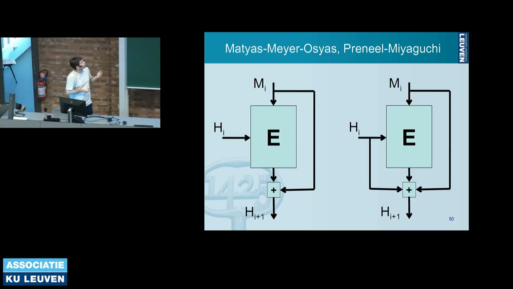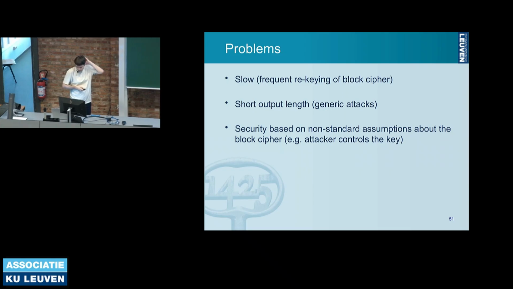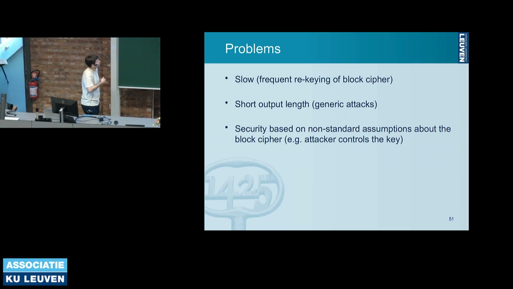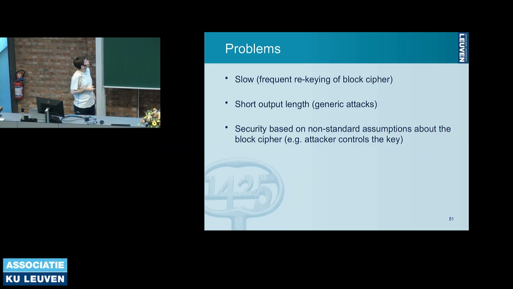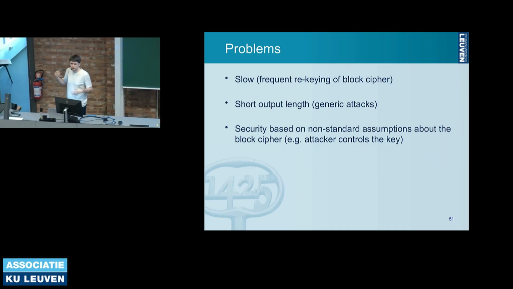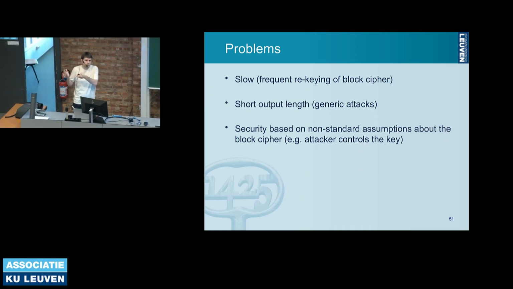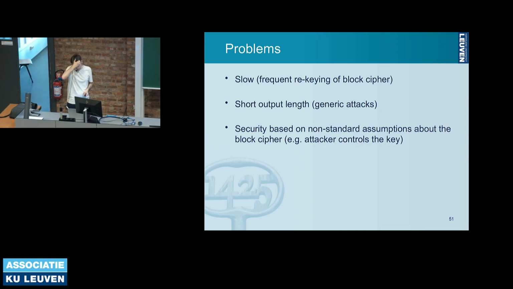So you often need to take that into account when you design these block ciphers, if you want to use them as a compression function. So that's what is meant here with a non-standard assumption. The standard assumption is you have a key that is not controlled by the adversary.